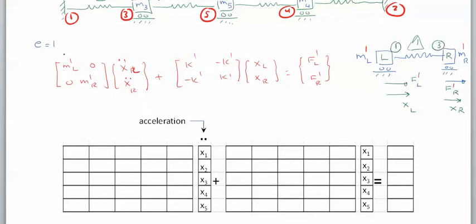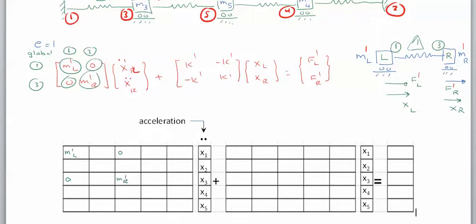So when we try to put these things, I put a reference global here, 1 and 3, 1 and 3. So that number is going to go into row 1, column 1, M1L. This number is going to go row 1, column 3, row 3, column 1, and row 3, column 3.